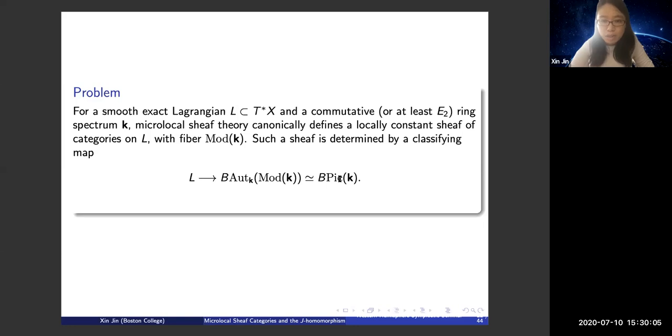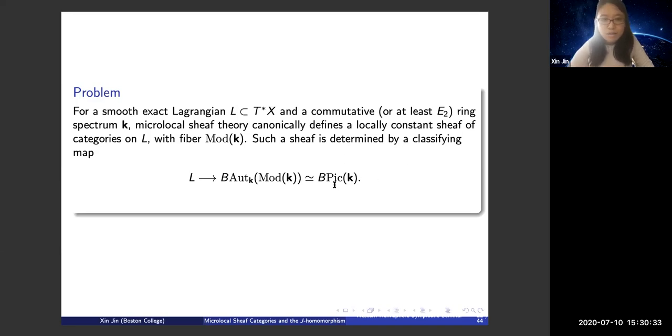First, what are the objects? The objects are invertible K modules, and the morphisms are K-linear isomorphisms between them. So it's like a groupoid, an infinity groupoid because you have a space of morphisms rather than just a set.